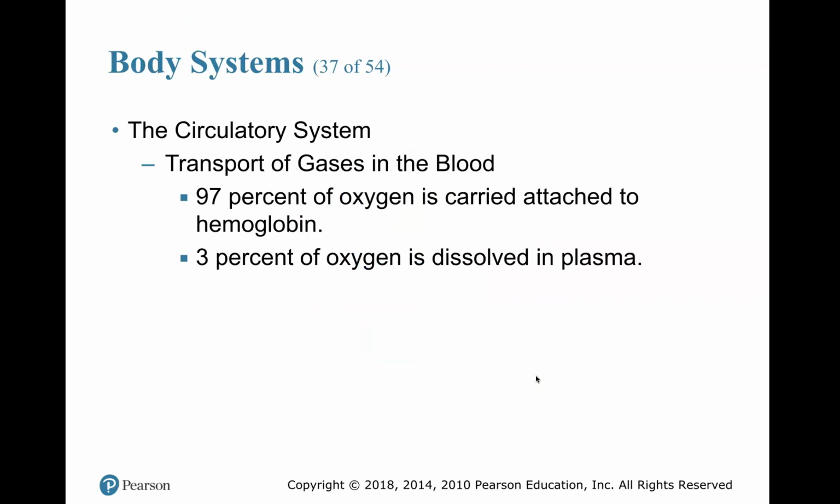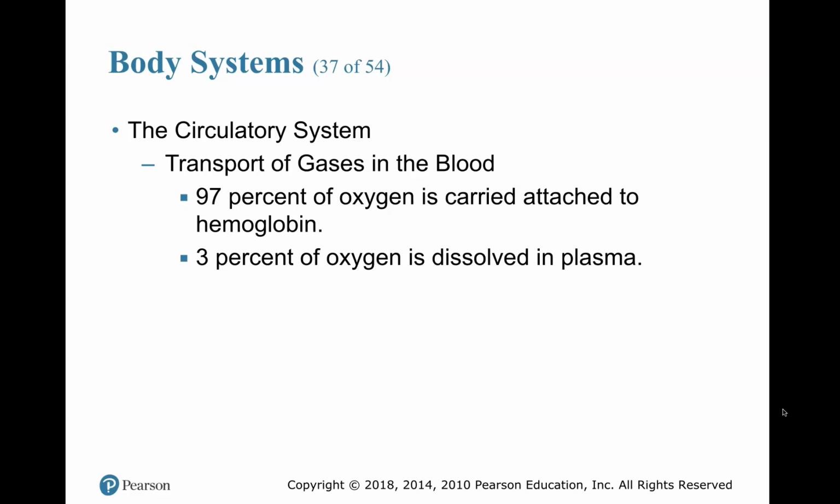Okay, transport of gases in the blood. 97% of oxygen is carried attached to hemoglobin. 3% of oxygen is dissolved into plasma. Now, that being said, we only breathe in from the atmosphere, the environment around us, 21% oxygen.